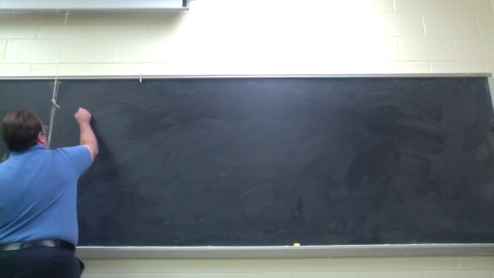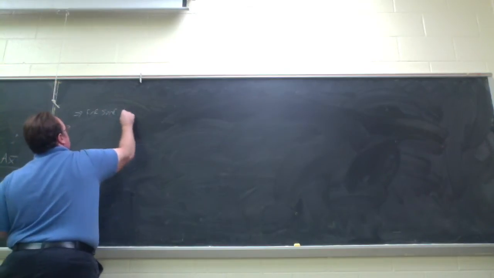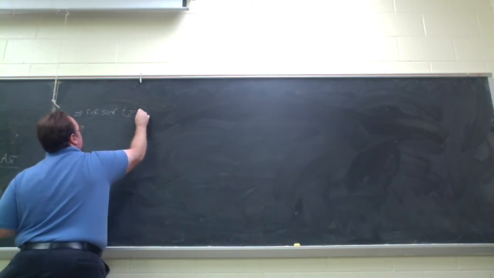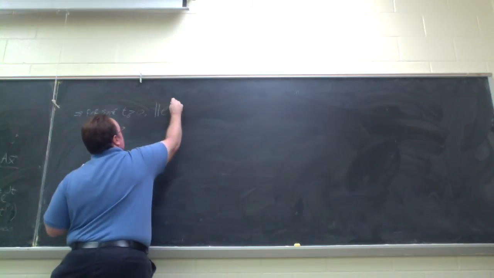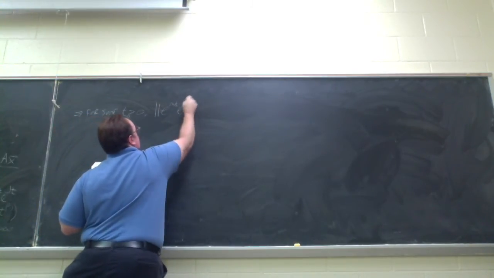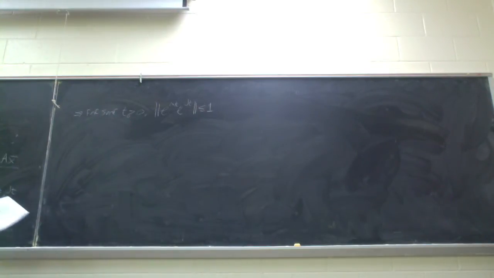Okay, so because it goes to 0, that means there's some threshold t naught at which all the entries of e to the J t are at most 1, since all the entries are decaying to 0. So we know that such a threshold exists.